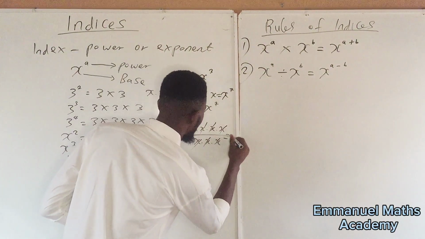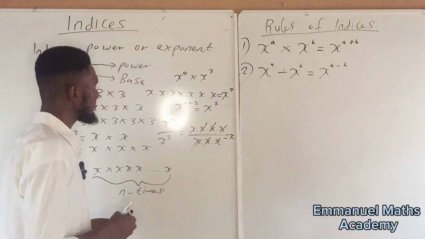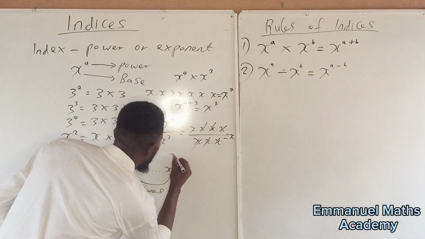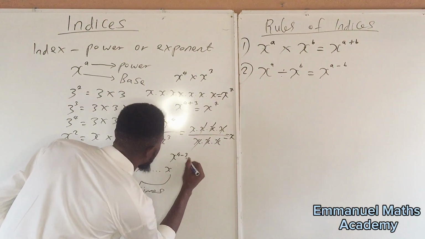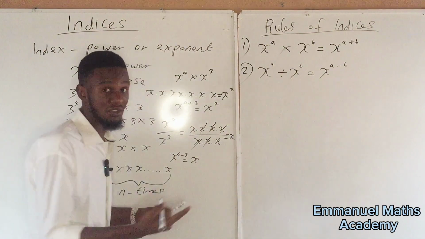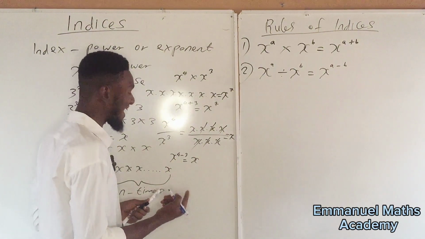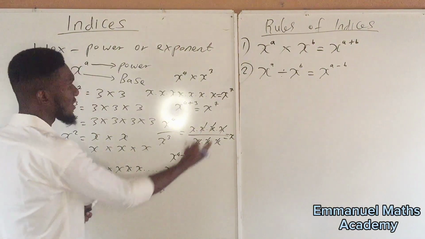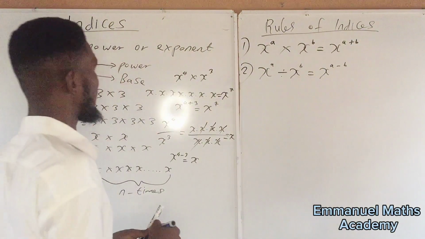You'll be left with x. But you will discover that if you subtract 3 from 4, x raised to power 4 minus 3, you still have x, x raised to the power 1, but we know in mathematics you don't say x raised to the power 1, you only write x. Discover that it's the same thing as this. This gives us the second rule of indices, right?